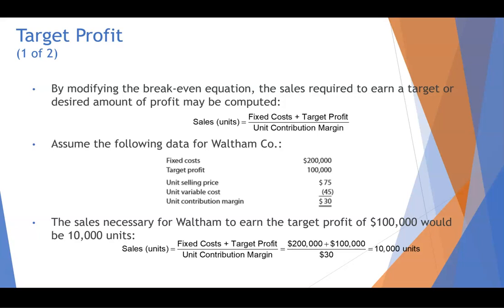When we look at break-even and modify the equation, the sales required to earn a target or desired amount can be found as units of sales equal the fixed cost plus our target profit, divided by our unit contribution margin.